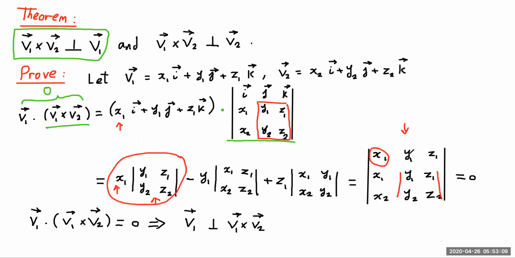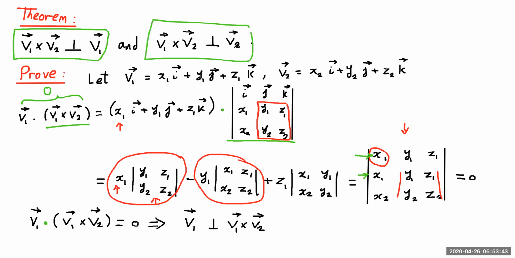The other one, minus y1 times x1 z1, x2 z2, is this part here, etc. But because I have the same row here, the first and the second row are the same, the answer will be 0. Now, this dot product is 0, which tells me that the vector v1 is orthogonal to v1 cross v2. Using the same idea, you can prove that v1 cross v2 is also orthogonal to v2.